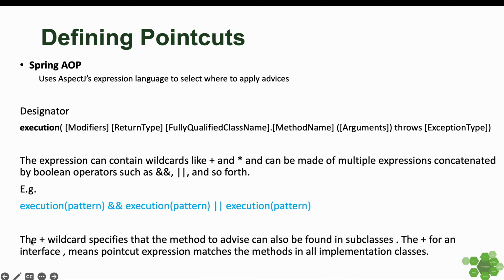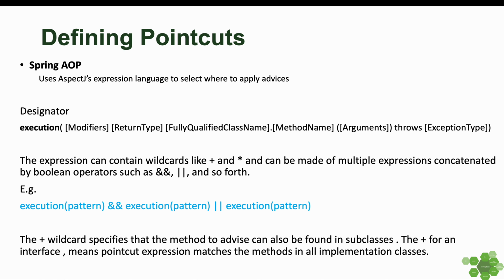Now the plus or the star can mean different things, but we will see as we go on. The plus wildcard specifies that the method to advise can also be found in subclasses. So it's a form of inheritance.